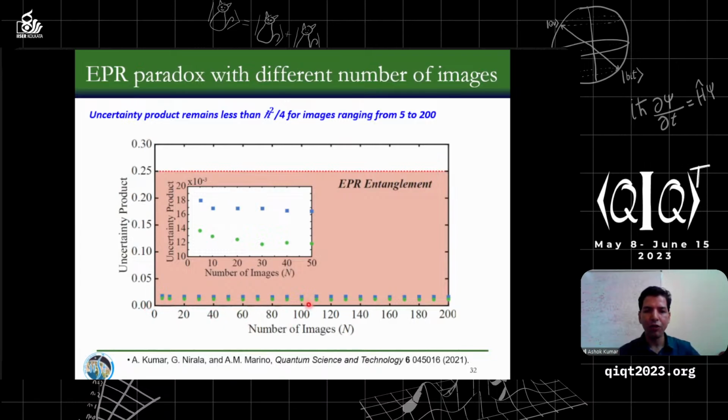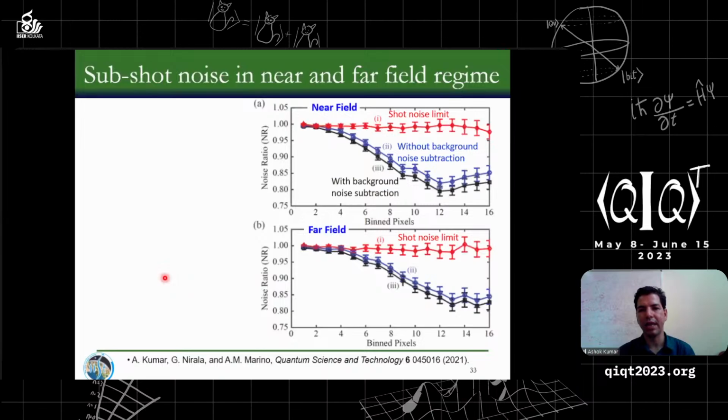So here we looked at the uncertainty product for very few images, ranging from 5 to 200. Even with 5 images, we could demonstrate the EPR paradox. So this is the limit. We are far away from the limit. That's how these kinds of experiments will help you.